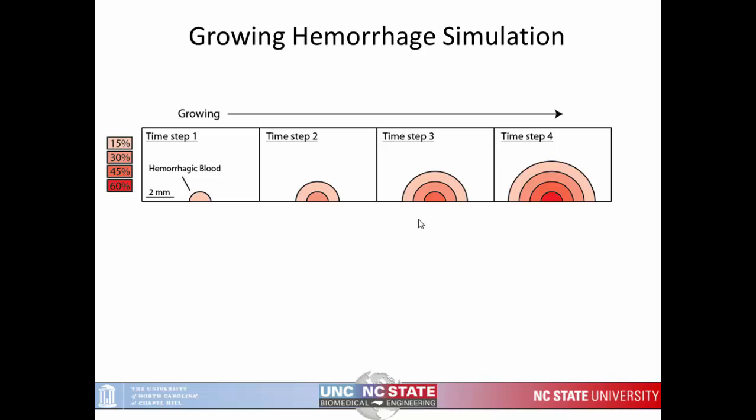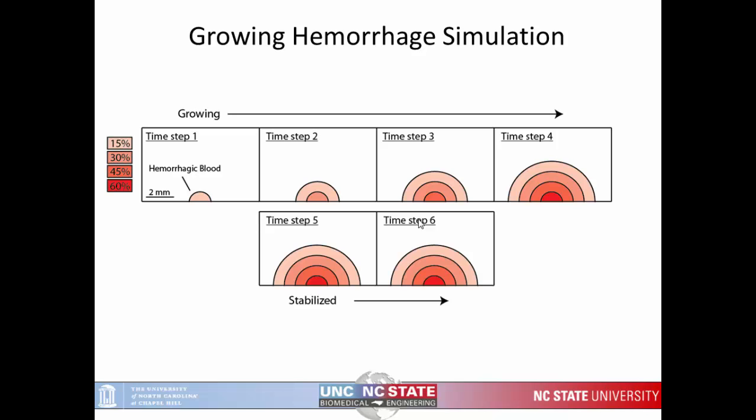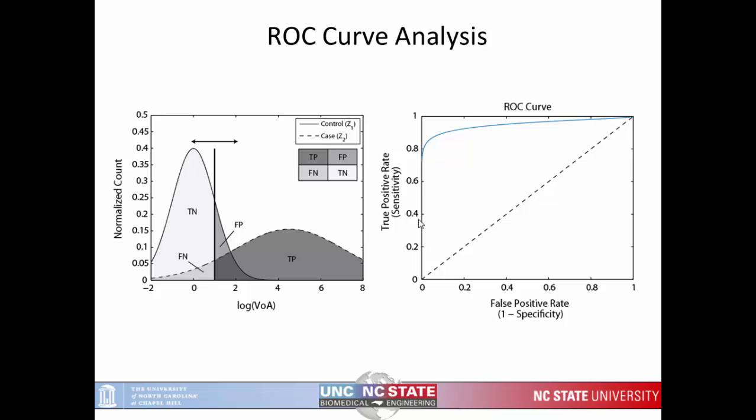This is the idea that the area nearest the puncture site is going to have the most amount of blood, and then it's going to diffuse through the surrounding tissue. We also simulated 2 time steps after that to represent hemostasis, or when this hemorrhage has stopped growing. From the 2-dimensional data set, we can do an ROC analysis where we manipulate our VOA threshold to get an idea of our performance.